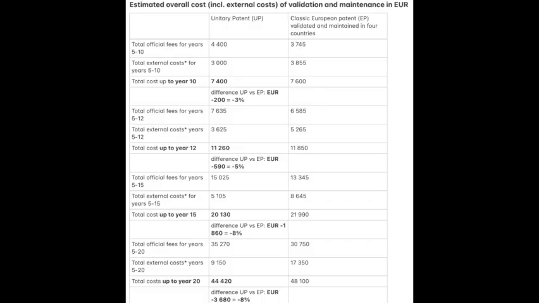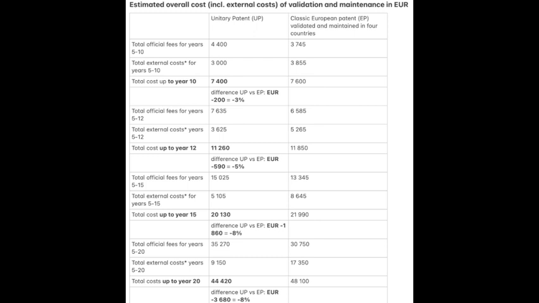It takes into account a bit the rule of thumb. And here it is on the screen. We have the comparison between the cost of the unitary patent and 4 contracting member states' cost on the other hand. And also here, you see at the end there is less fees for the unitary patent.